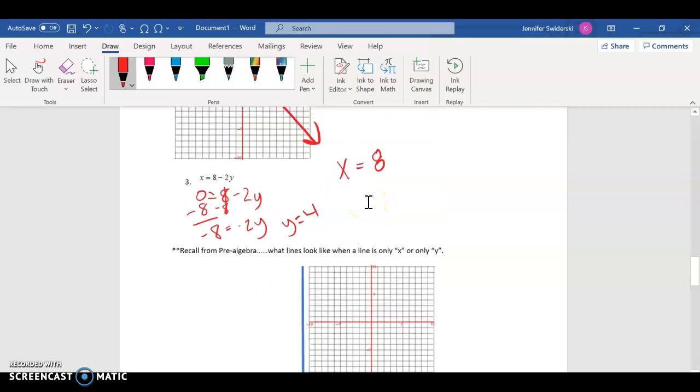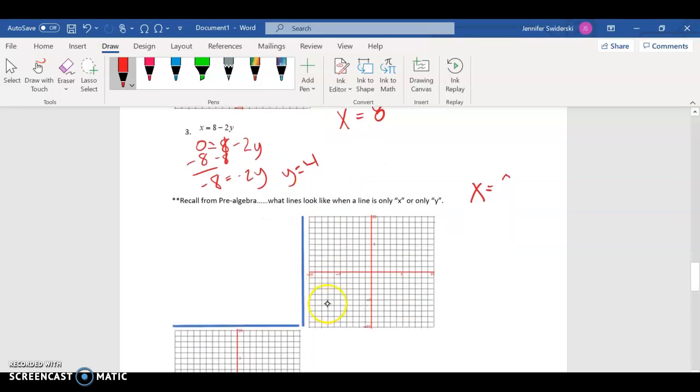Now remember from pre-algebra what lines look like when a line is only x or only y. So remember, if x is equal to a number, that means it crosses my x-intercept at a given point. If x equals a number, it's going to go up and down. If y equals a number, it just goes left to right.